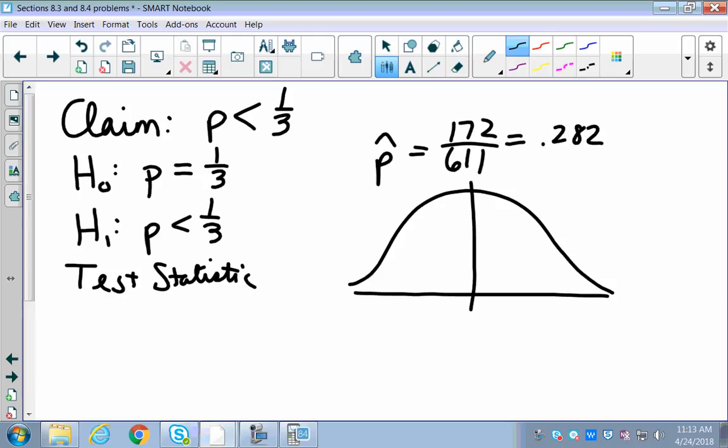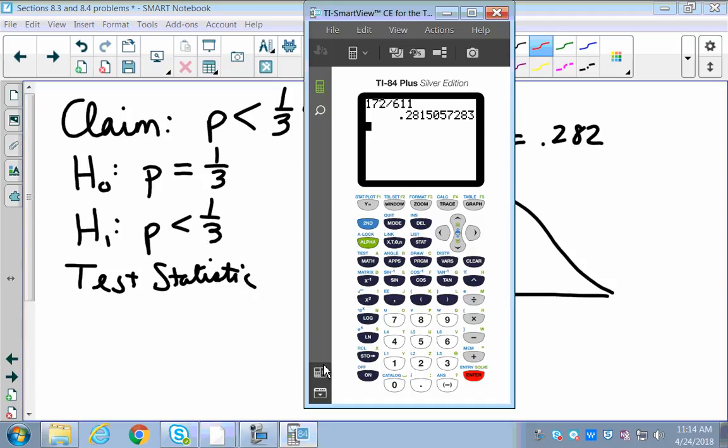So I'm going to put 1/3, right? And what's 1/3? That's my claim. What did I come up with? 0.282, right? That's going to be down here, correct? And I'm using Z. Let's go into your calculator.